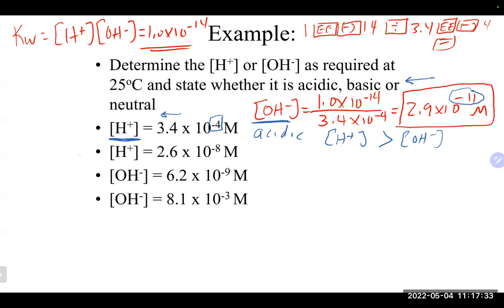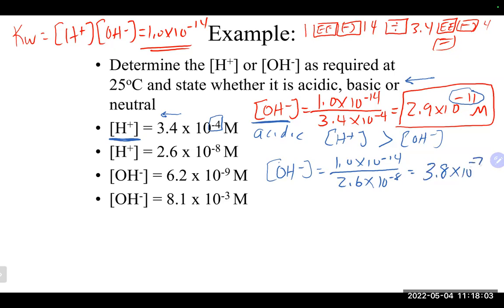All right, so continuing on, same calculation here for the second one. We're going to be looking for the OH minus, going to be 1 times 10 to the minus 14 divided by 2.6 times 10 to the minus 8, going to get us 3.8 times 10 to the minus 7 molar.